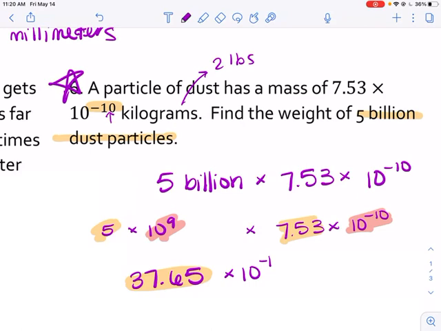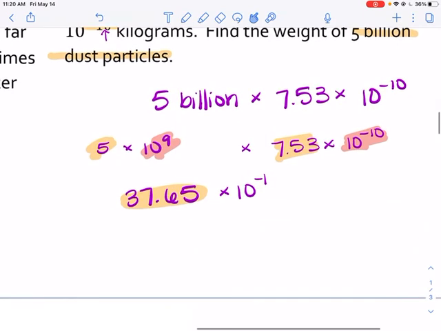I'm going to move my decimal place one place, and it's negative. So I'm going to move it to the left because that will make the number smaller. So that's my final answer.